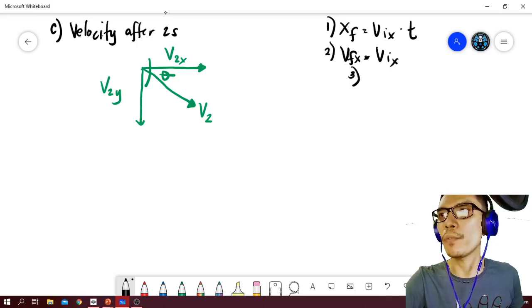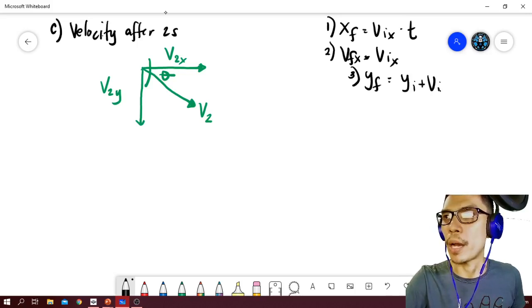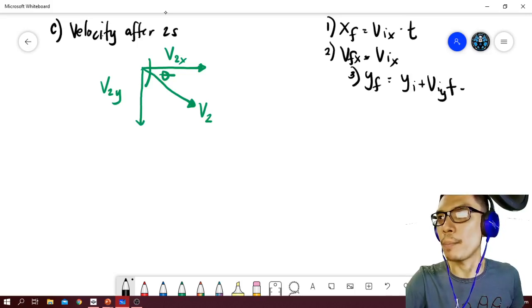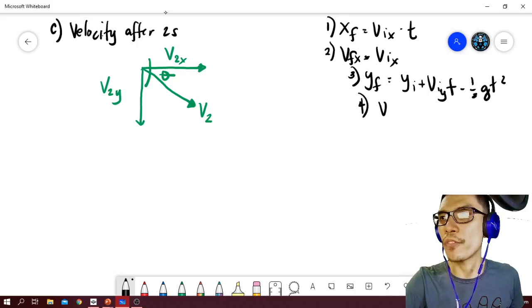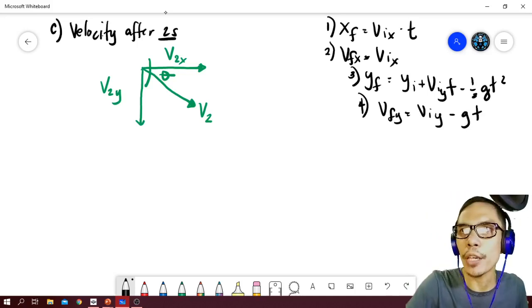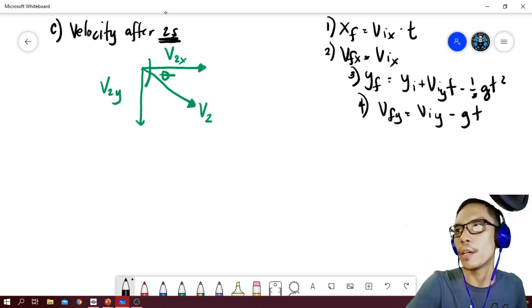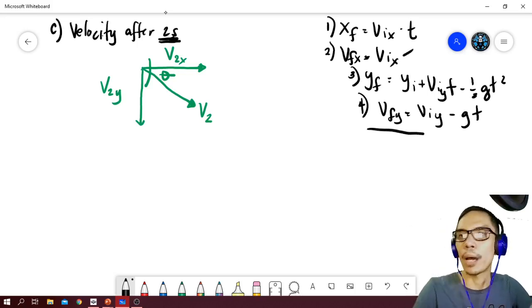Then number 3, we have y sub f is equal to y sub i plus v sub iy times time minus 1/2 gt squared. And finally, we have v sub fy is equal to v sub iy minus gt. Now, since we have the time here, we can use number 2 and this one.